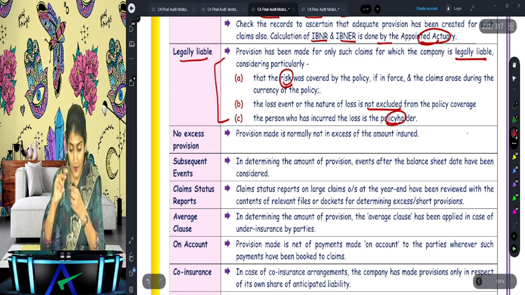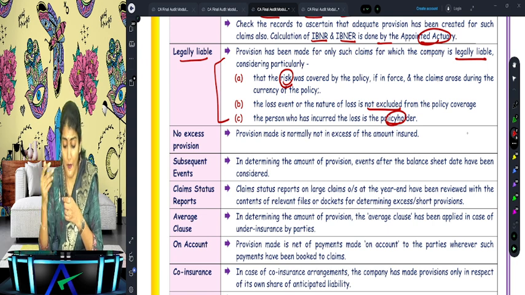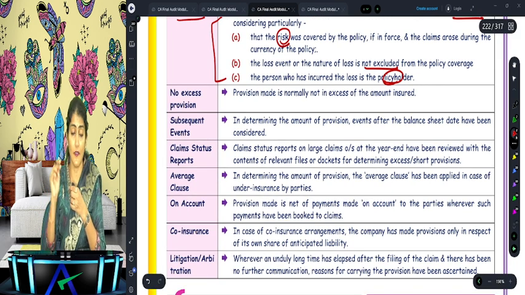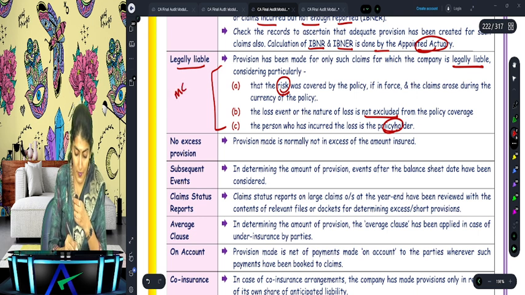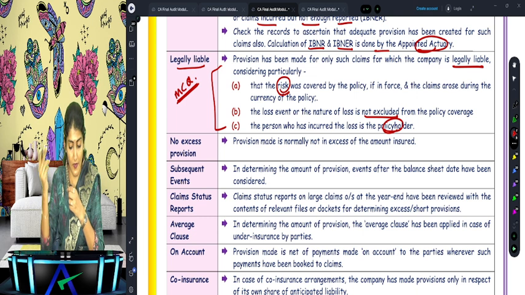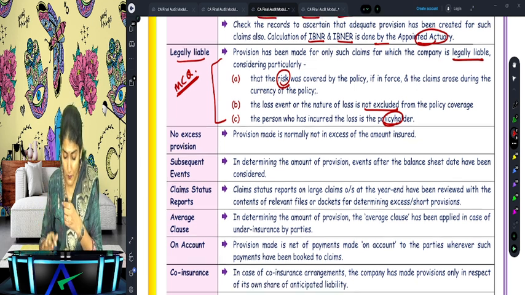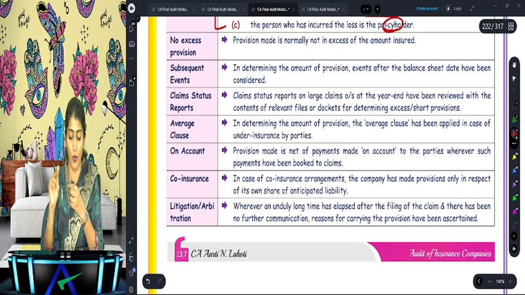So the risk was covered, it was not excluded, and the person who incurred the loss is the policy holder. Only then will it be legally liable. They can make this into an MCQ in the exam.